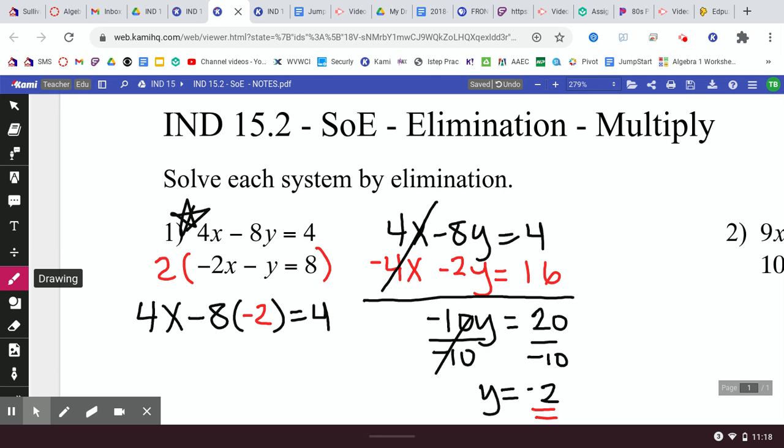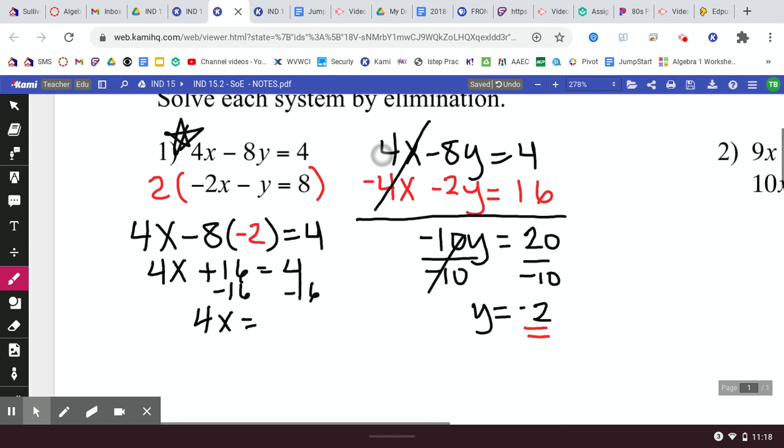And now I'm going to distribute because PEMDAS always says multiplication or distribution first. So negative 8 times negative 2 is positive 16 equals 4. Now I want to get my 16 over there with my 4 to combine those. So I'm going to move it. It's currently a positive 16, so I'm going to subtract 16 from both sides, which leaves me 4x equals 4 minus 16 is negative 12.